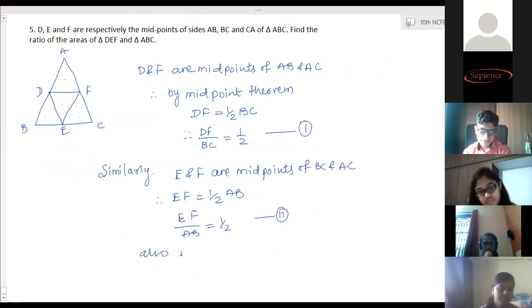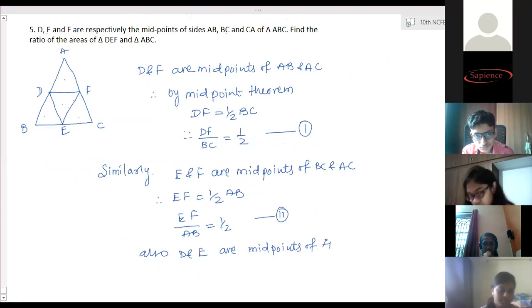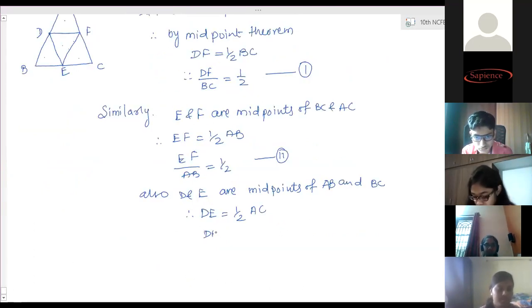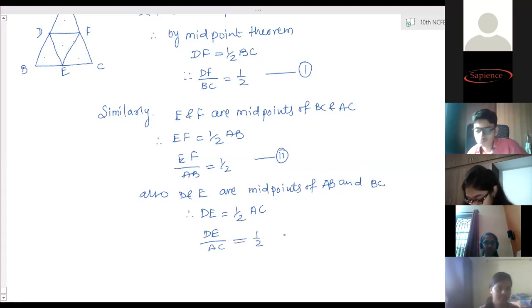Also, D and E are midpoints of AB and BC. Therefore, DE is half of AC. So DE by AC is equal to 1/2.